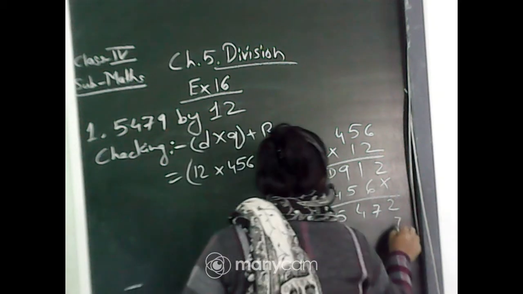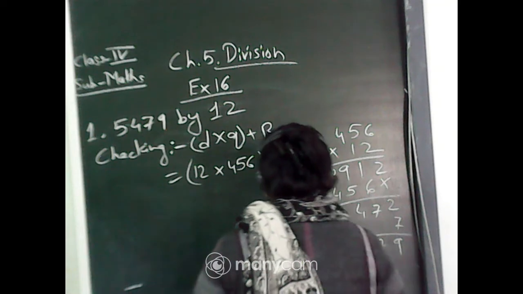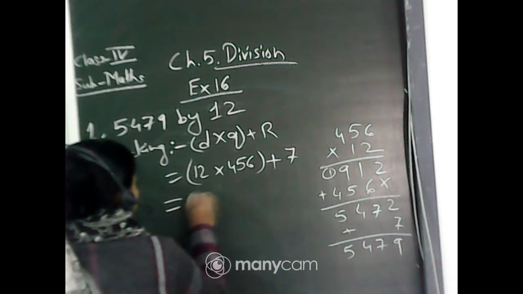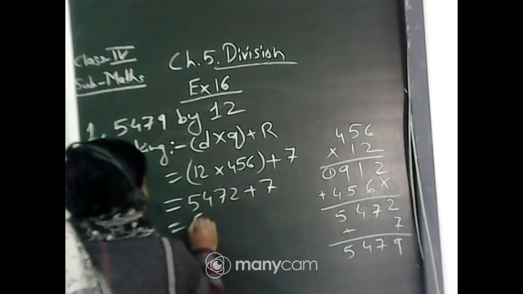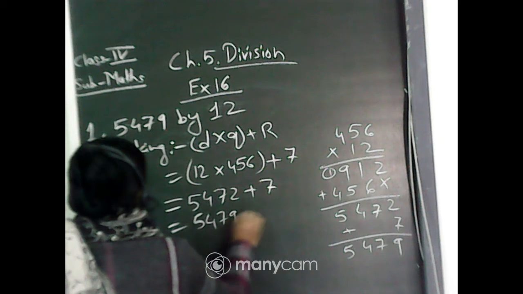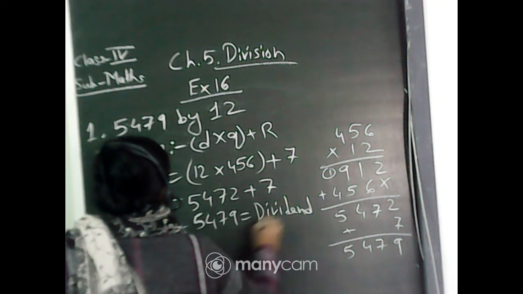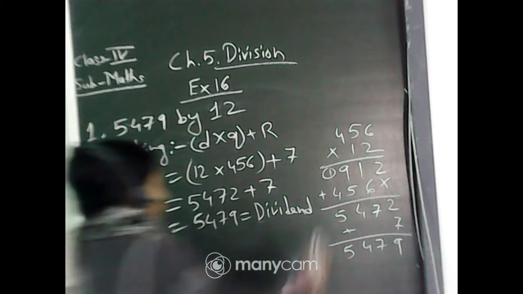Adding 7 with this, it will be 5479, isn't it? So after multiplication we are getting 5472 plus 7, that is 5479, which is equal to the dividend. Okay, that means our answer is correct. When we get the dividend, that means the answer is correct.